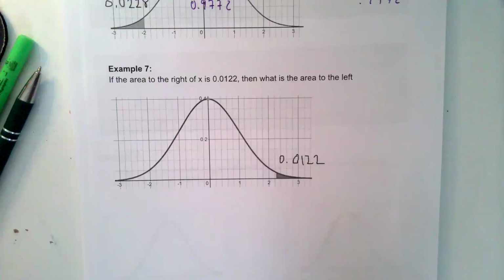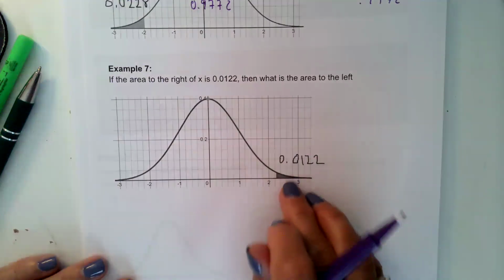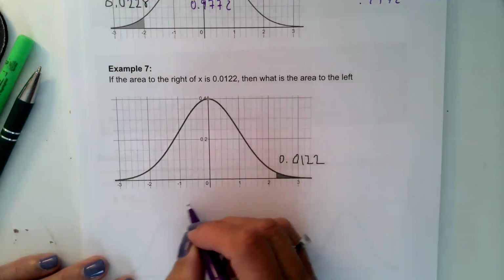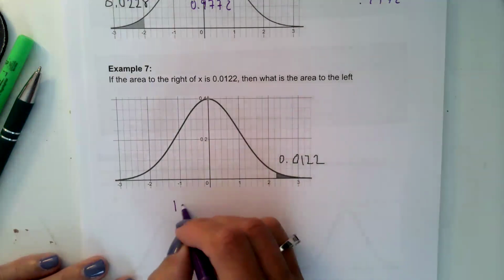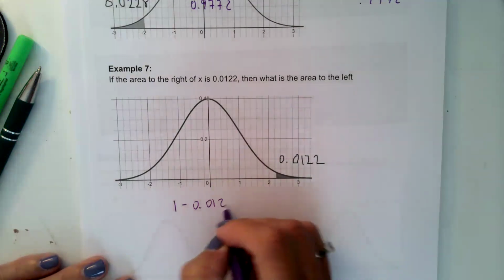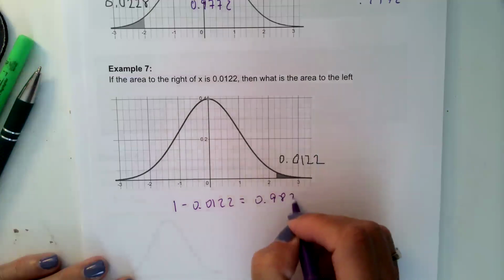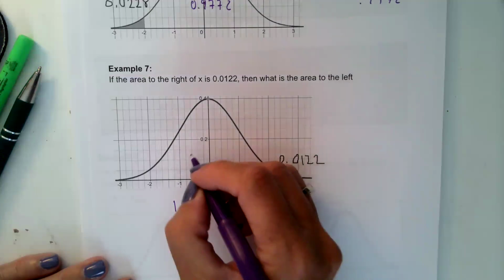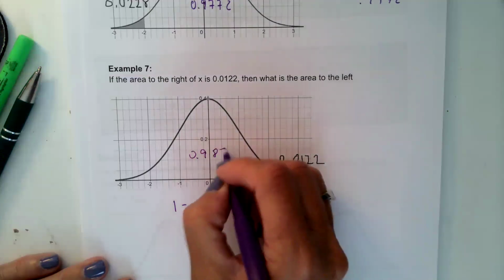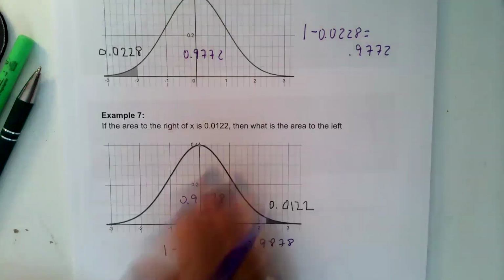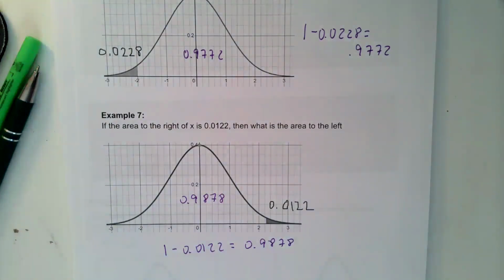Example 7 says, if the area to the right is 0.0122, then the area to the left is also the complement, which would be 0.9878. So in here is 0.9878. So we have to really know what a complement is because we're going to be using it in the next few calculations.